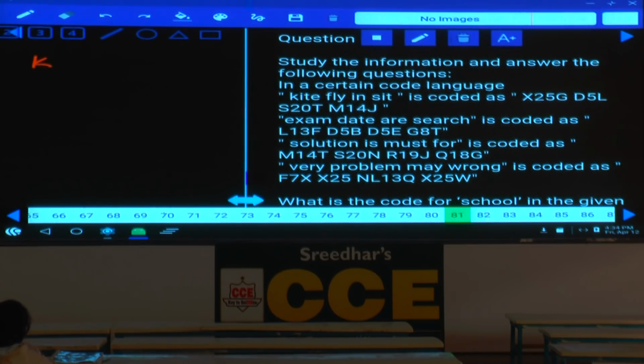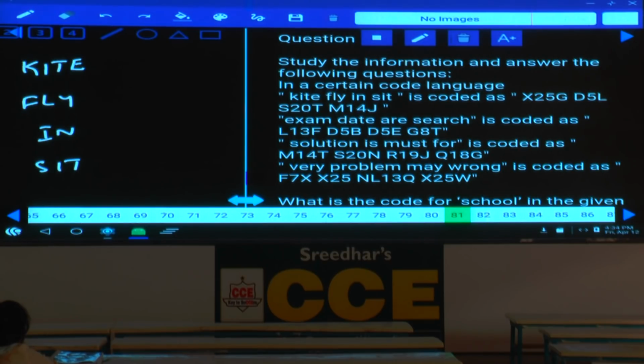Tell me, what is the first one here? The first one is kite. The next one is fly, and the next one is sit. Now with the help of these, what are the codes here? X25G, D5L and so on.